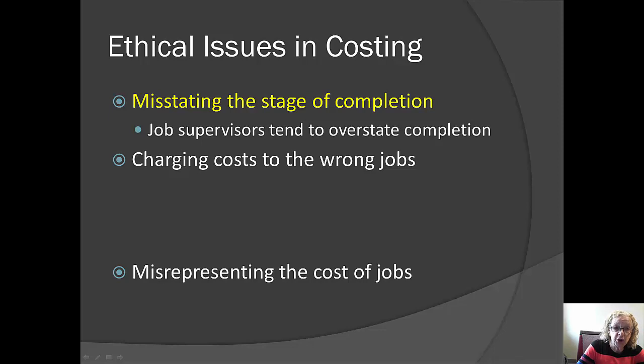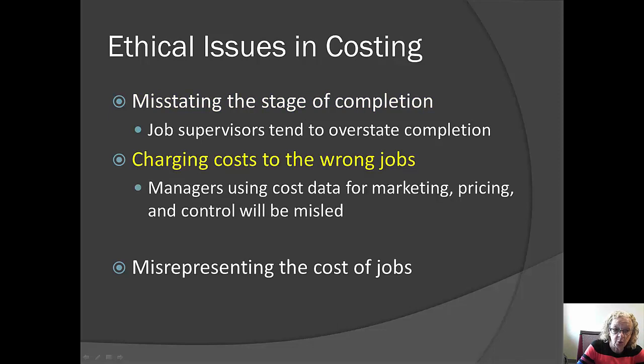Another issue is charging costs to the wrong jobs. This is a problem because other people use cost data. Managers need this information to market products, to price products, and to determine whether production standards are being met.